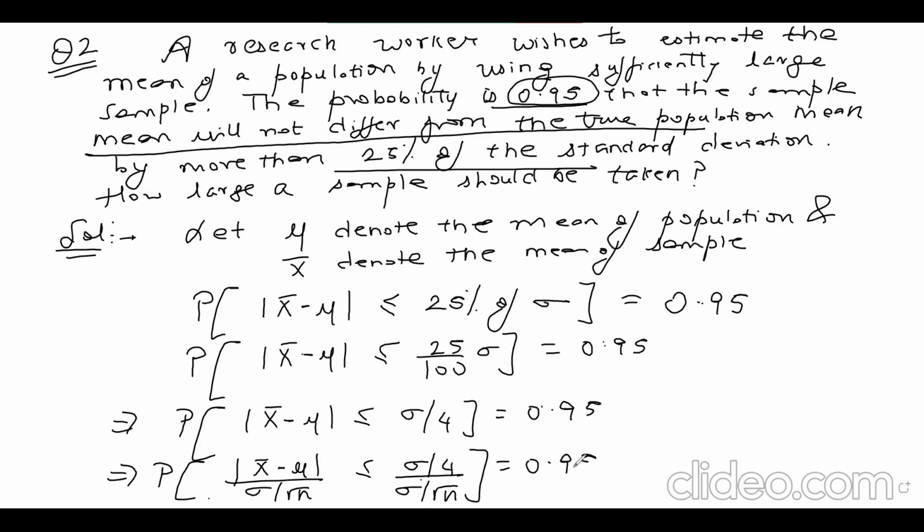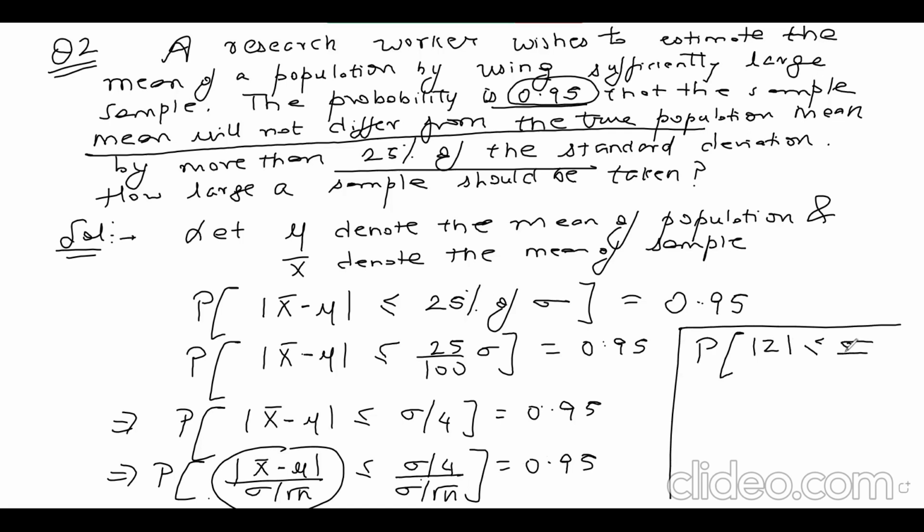This whole term I can call z. So probability of mod of z less than or equal to sigma by 4 divided over sigma by root n, I can also write as root n by sigma. This and this cancel out. So probability of mod of z less than or equal to root n by 4 is equal to 0.95.